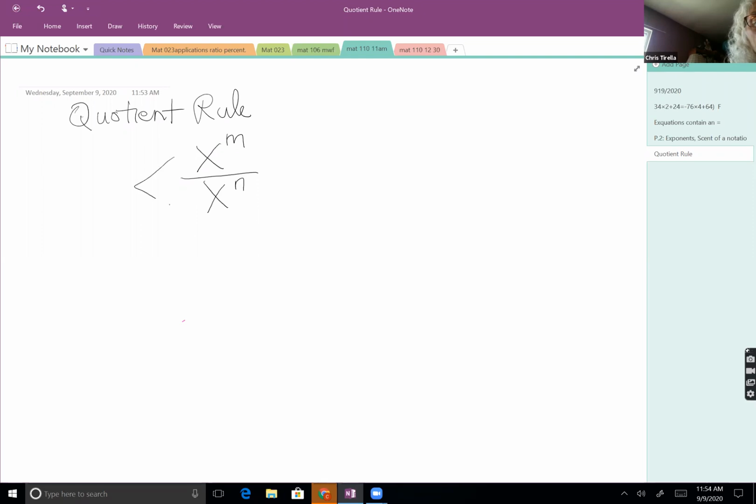And what's important here is that they have to have the same base. And again, I'd like to do a little kid example to show why this works. So let's say I have x to the sixth over x to the fourth.